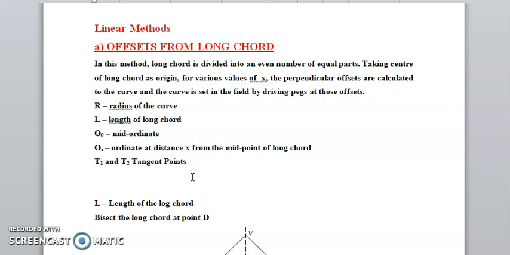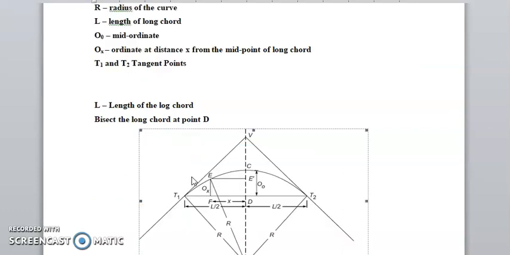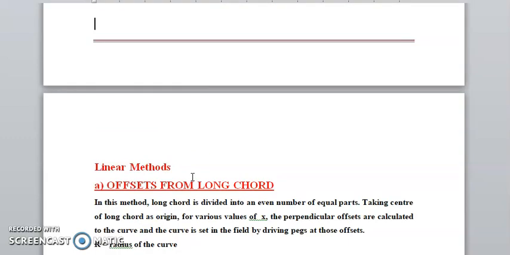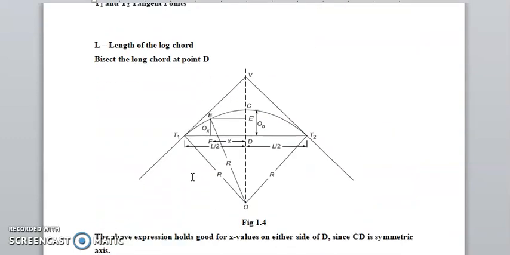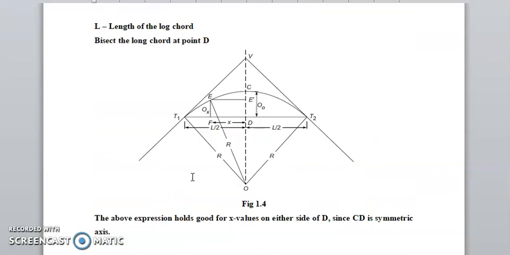T1 and T2 are the tangent points. Bisect the long chord at point D. This is the first method, offsets from the long chord. This is the figure; using the above expression, set the offsets for x values on either side. CD is the mid ordinate. This is the offset from the long chord.